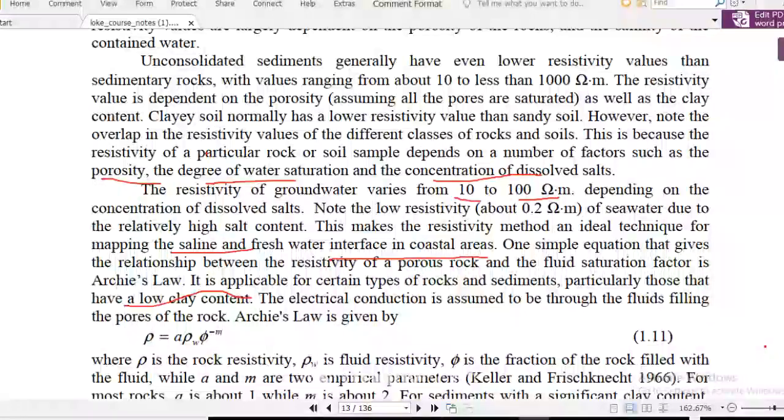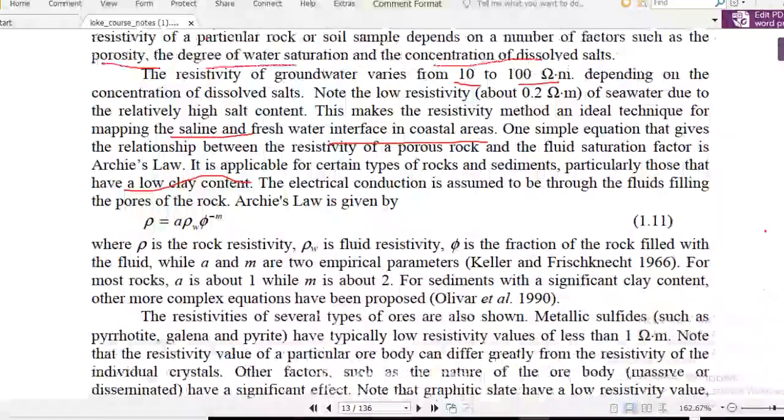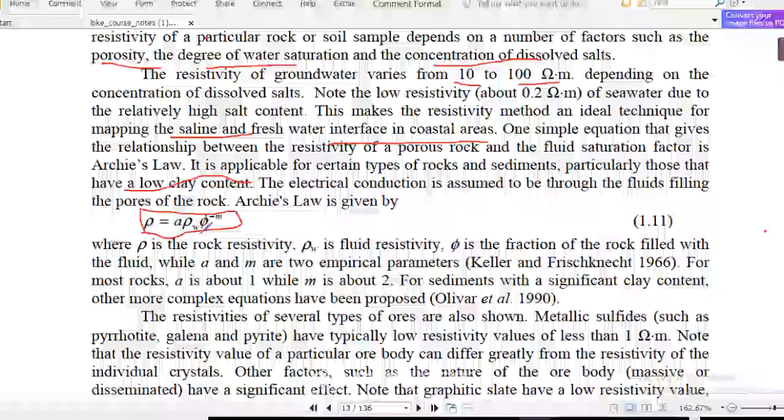Archie's law states that the resistivity of the rock is equal to a times the resistivity of water times phi, the fraction of the rock filled with water, raised to the power minus m.